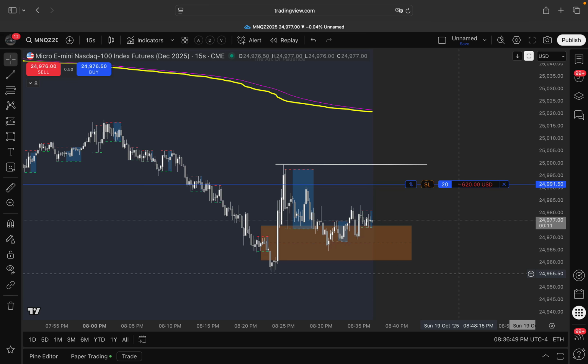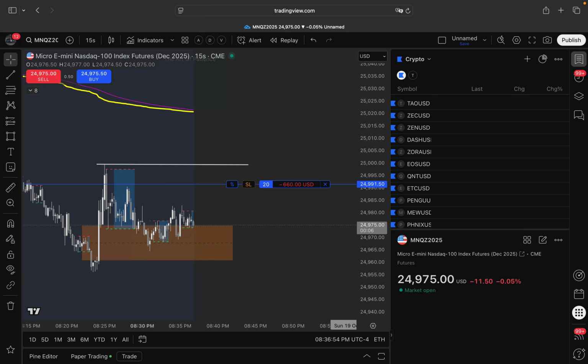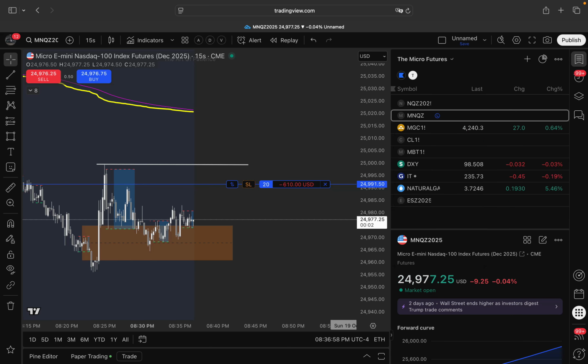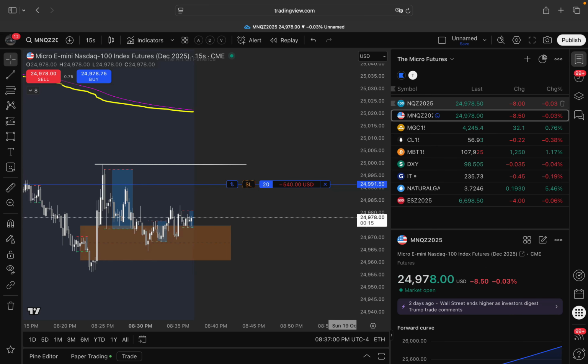Right now, I'm trading the micros. It's less leverage, but then you also have the minis, which is more leverage. So 1 mini equals 10 micros.